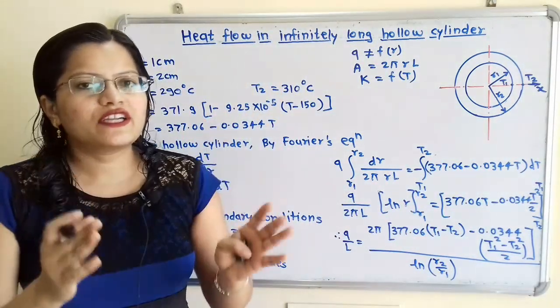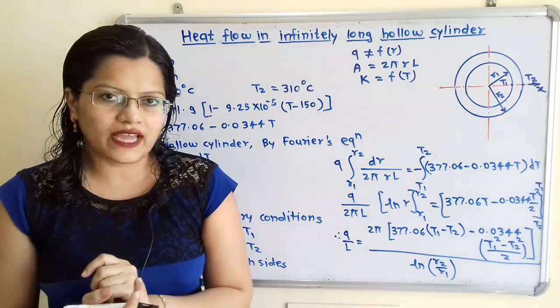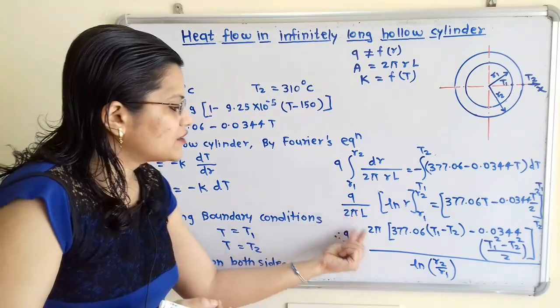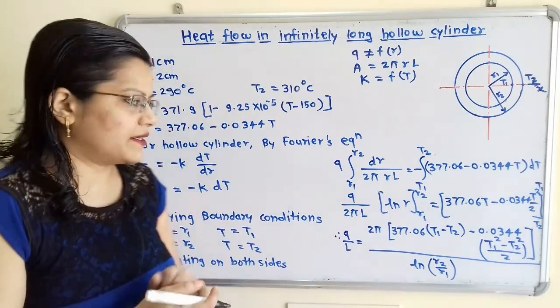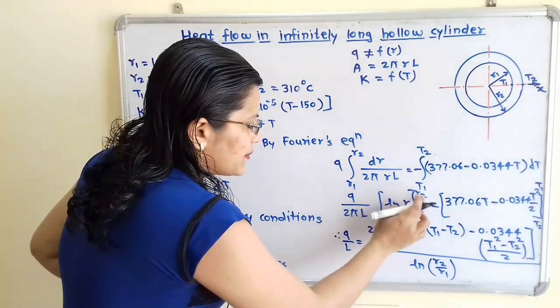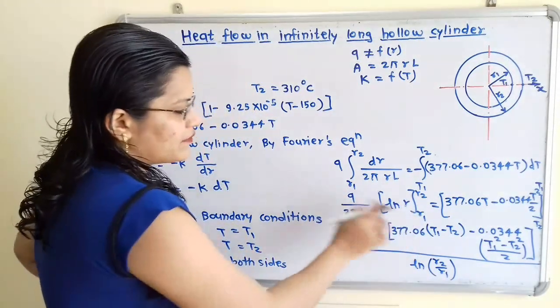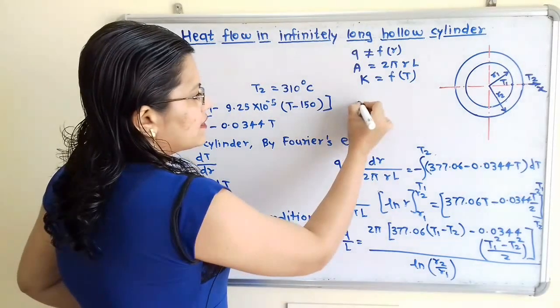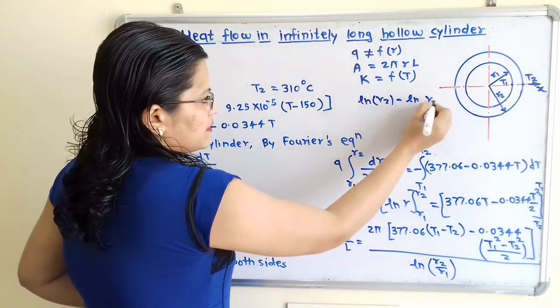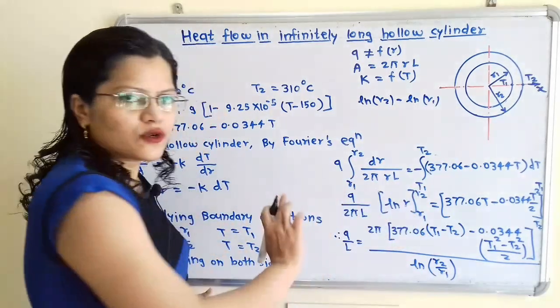So here the heat loss per unit length is what we have to find out. So we take Q by L equal to, and we transfer 2 pi to the right hand side. Now for ln r with limits r2 and r1, how to solve this? We know that it is ln r2 minus ln r1, that is upper limit minus lower limit.